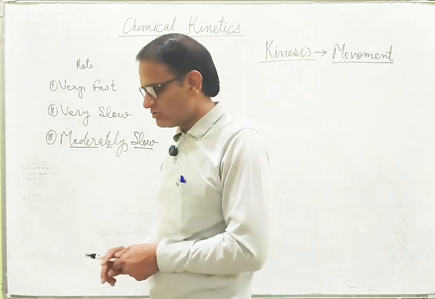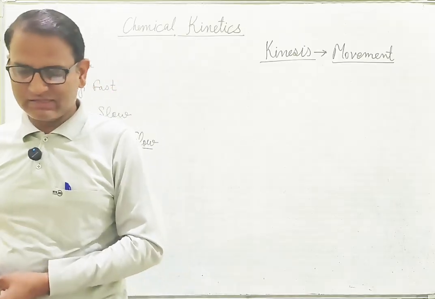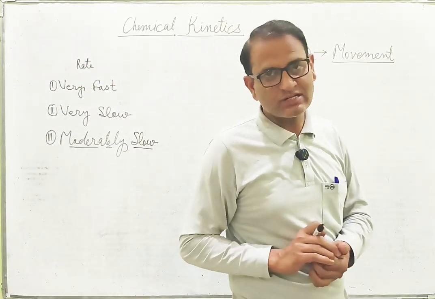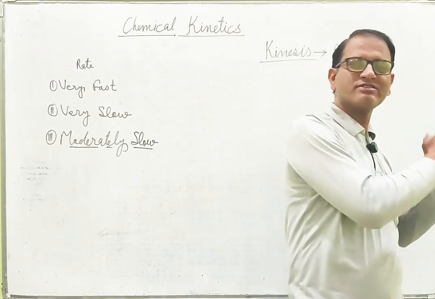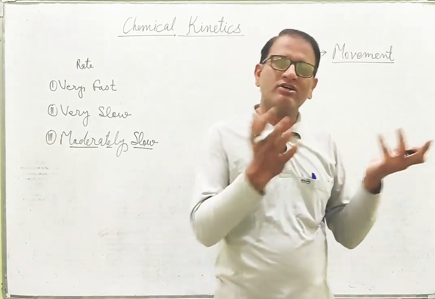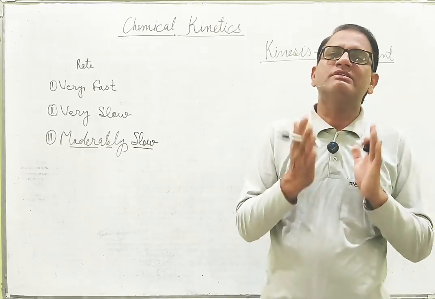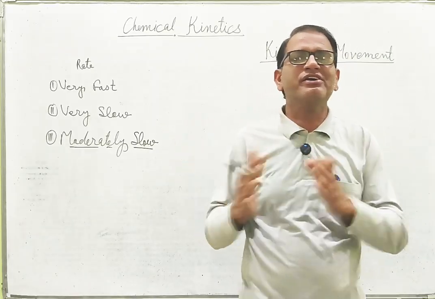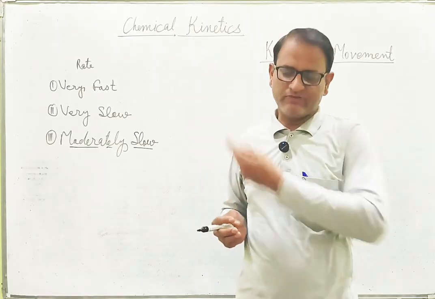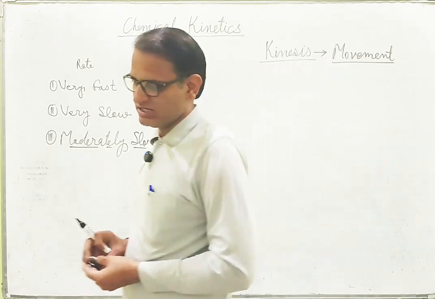So rate of reaction is defined as the change in concentration with time. The general definition is the change in concentration, either of reactant or product, with time is called rate of a reaction. Of course, we will talk in detail.